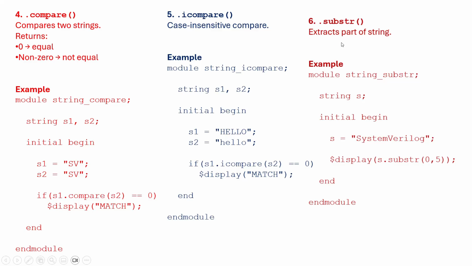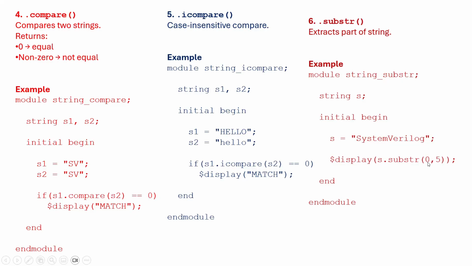And substring of the strings. Extract part of the string. I want to extract that. 0 comma 5, so the 0th part and 5th part I want to extract. $display s.substr(0,5). From 0 to 5, this is the starting value, the minimum value, and this is the maximum value.